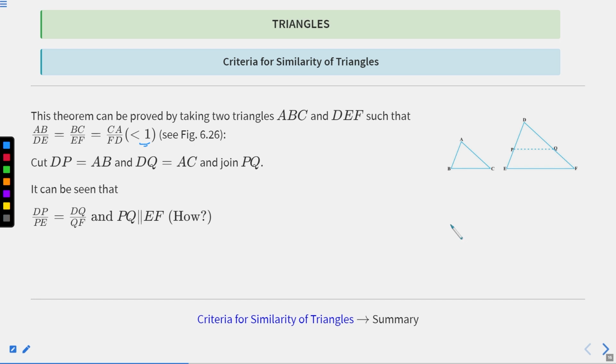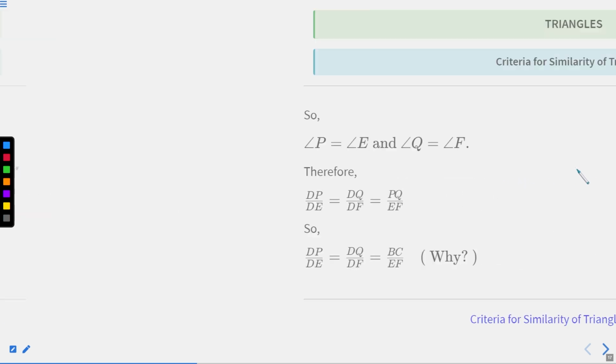Okay, so now by the converse of the basic proportionality theorem, it implies that PQ is parallel to the side EF. So these two ratios are equal, and the line segment PQ is parallel to the side EF.